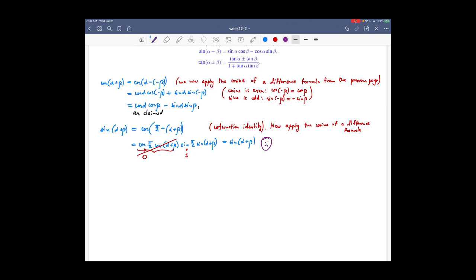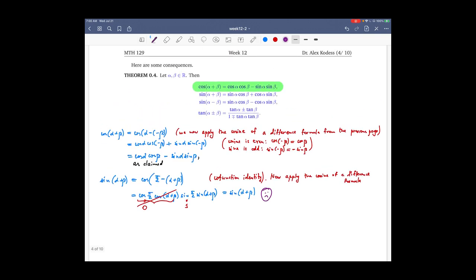Well, that is a question for everyone. How do we use the formulas that we have to prove the sum and difference formulas for the sine function?